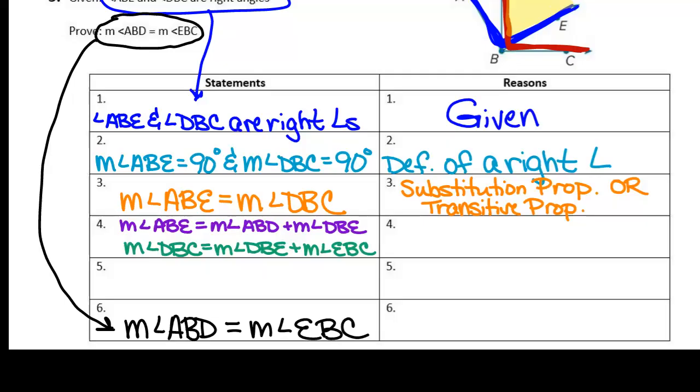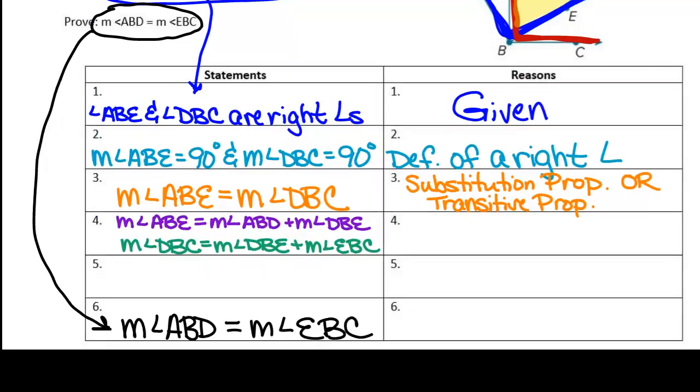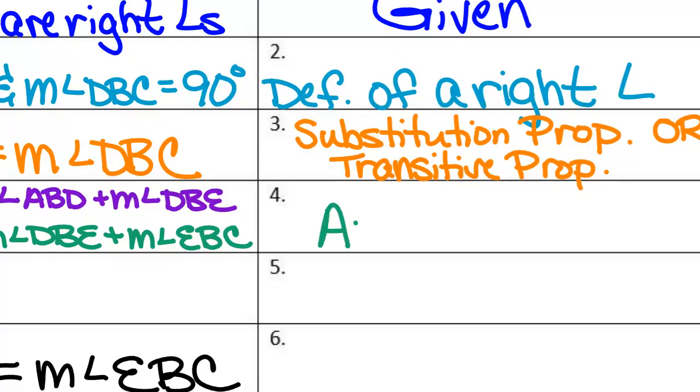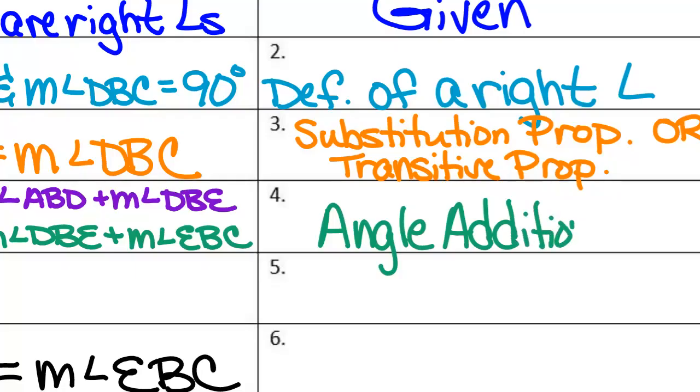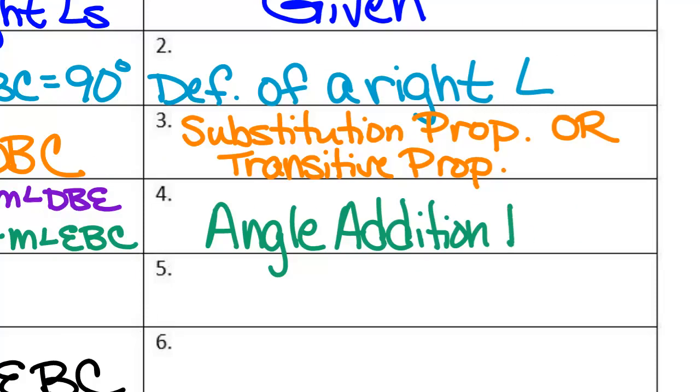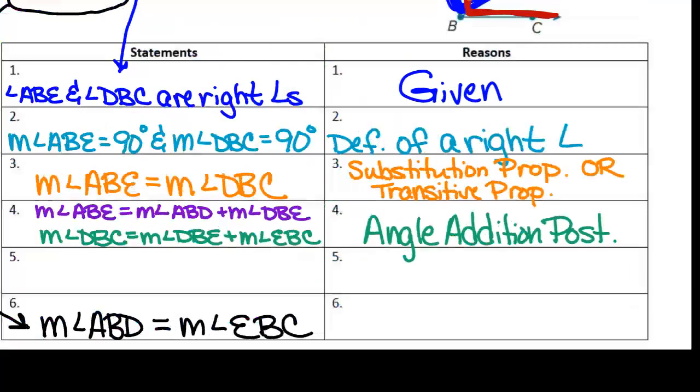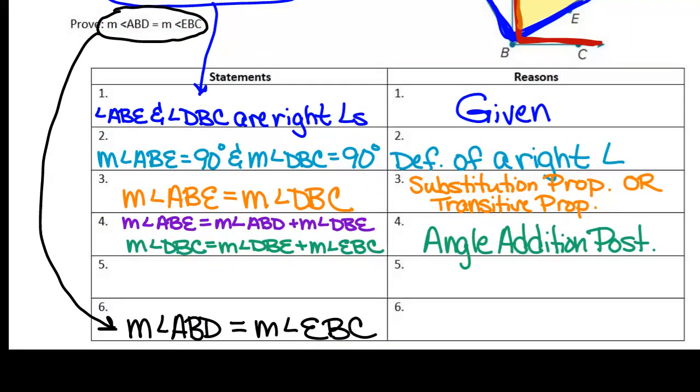Addition postulate, what are we adding? Angles, two angles. So this is the angle addition postulate. You were absolutely right. Angle addition postulate.